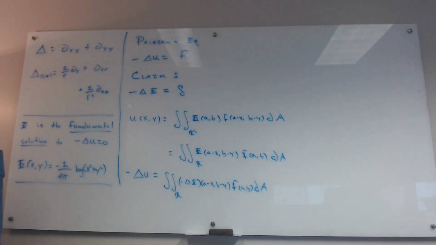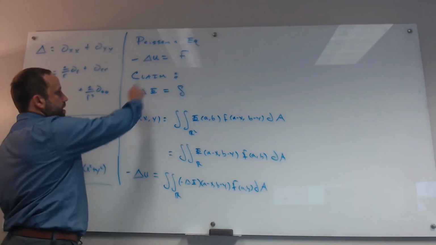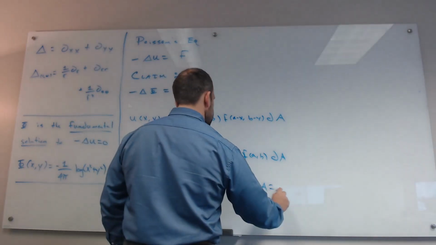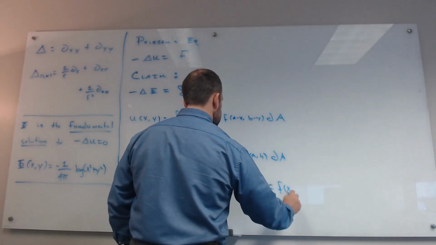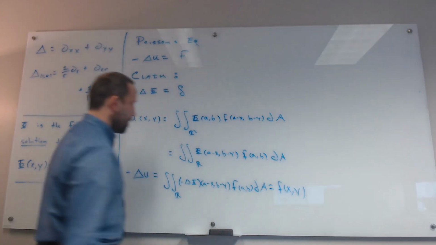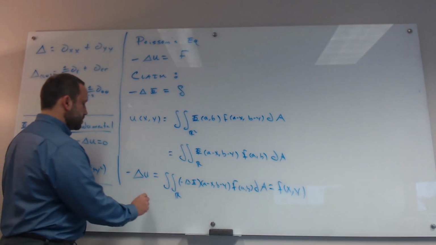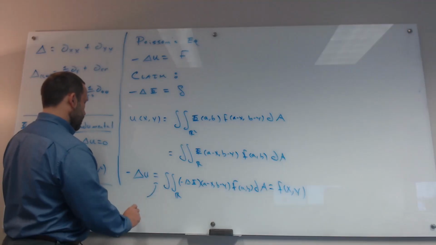Okay, so what I mean by this, or what my claim is, is that this is equal to f of x, y. Now, moving the Laplacian on the inside is not legal. So this is wrong.